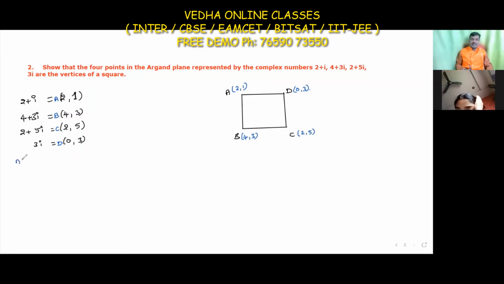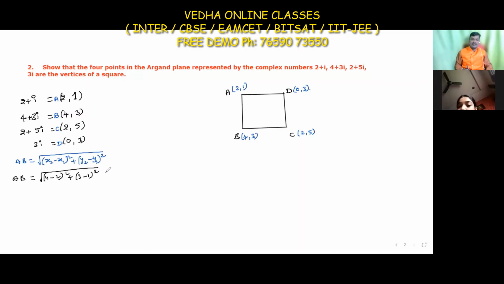AB is equal to under root of (x2 minus x1) whole square plus (y2 minus y1) whole square. Applying the same formula, under root of (4 minus 2) whole square plus (3 minus 1) whole square.